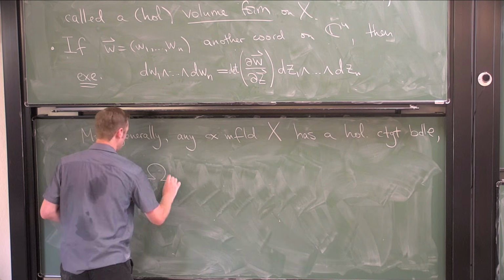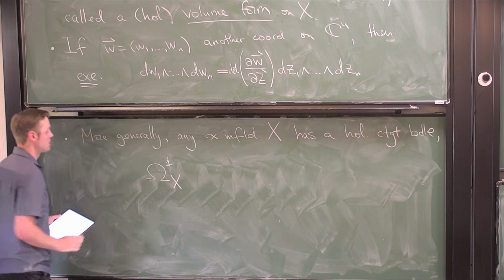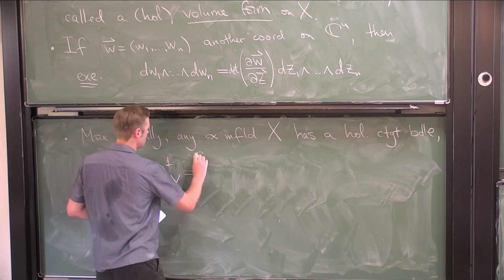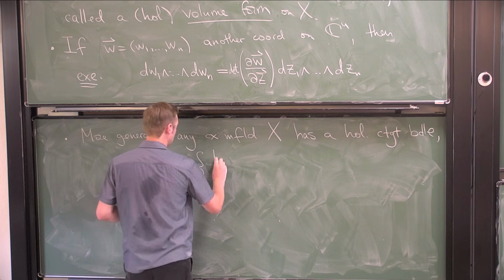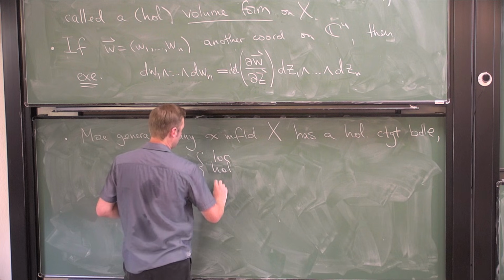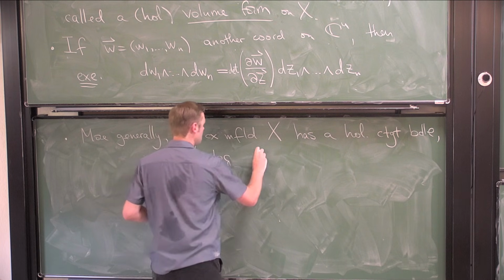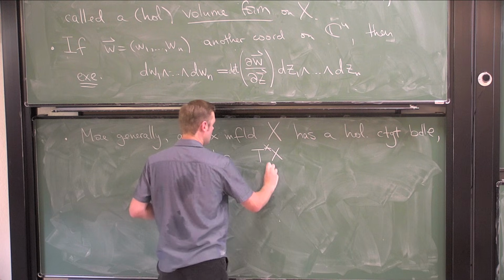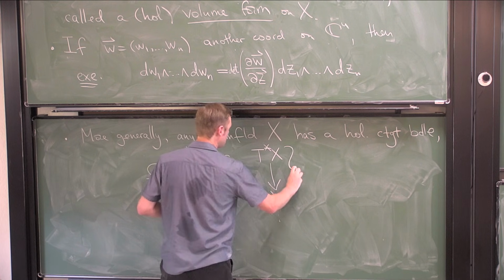Still, we have the space of local sections of that holomorphic cotangent bundle. So these are local holomorphic sections of T star X over X.